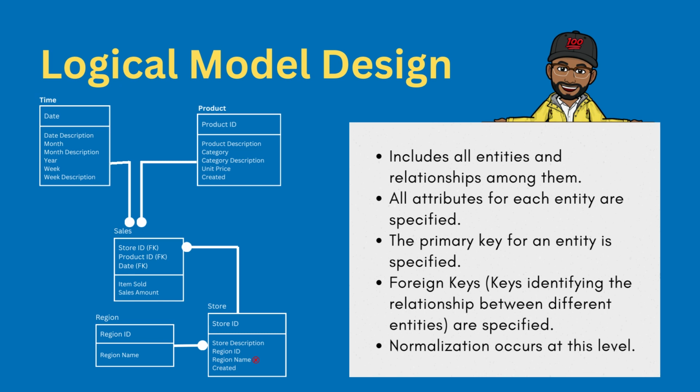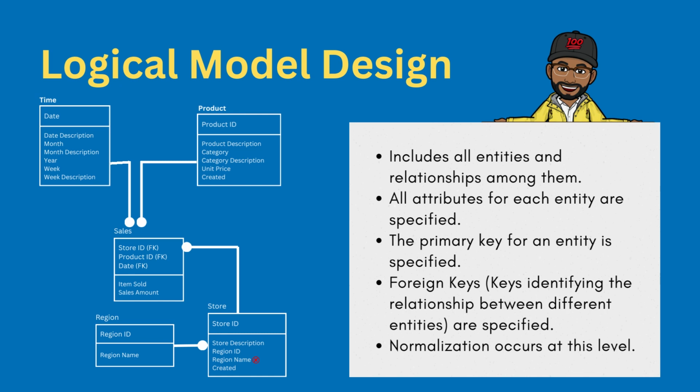So a single dimension table is split into another dimension table to avoid data redundancy. How do we avoid the data redundancy? If I have different regions, and in a single region there are multiple stores, say 100 stores in a single region, then the region name will be repeated 100 times.